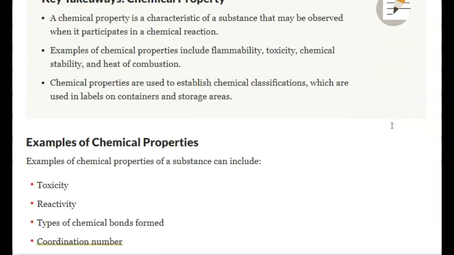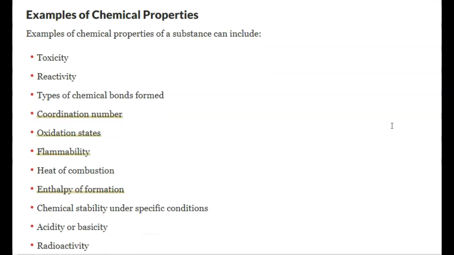So here are some examples, and I would jot these down. Toxicity, reactivity, the type of bond that it forms. We'll talk about covalent and ionic and metallic bonds. Coordination number, that's not usually one that we talk about in here. Oxidation state, definitely we'll talk about oxidation numbers.